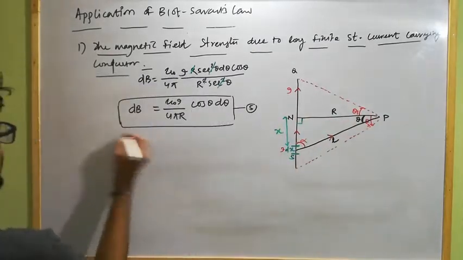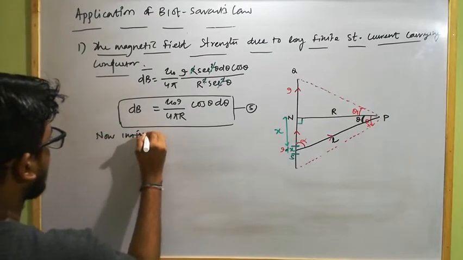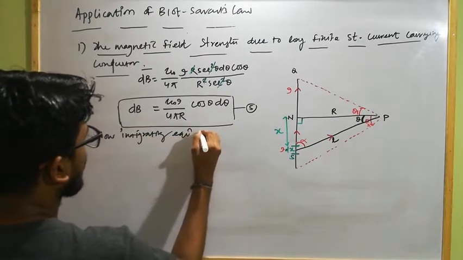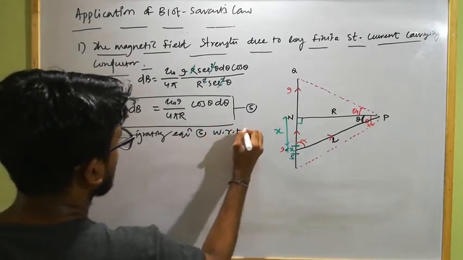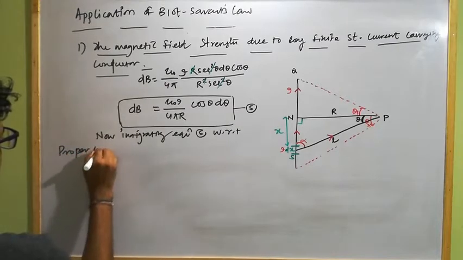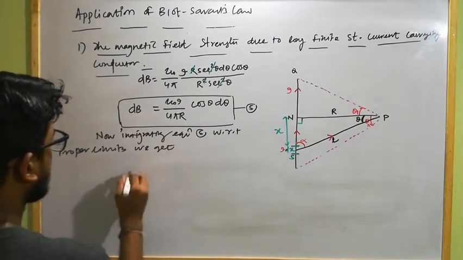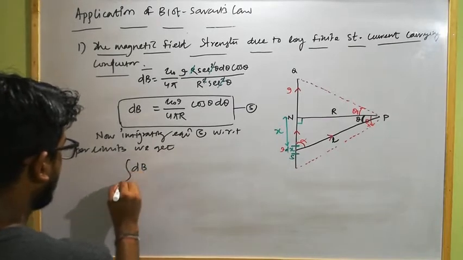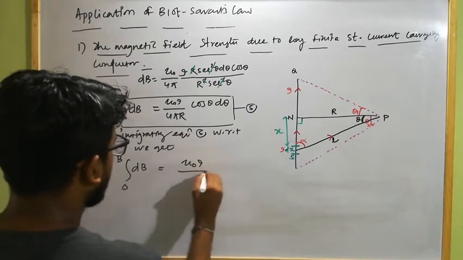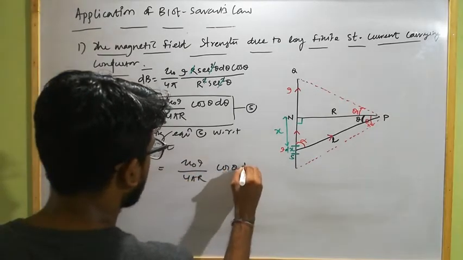So now integrating equation 5 with respect to proper limits, we get integration of dB from 0 to B equal to mu naught I by 4 pi r cos theta d theta.